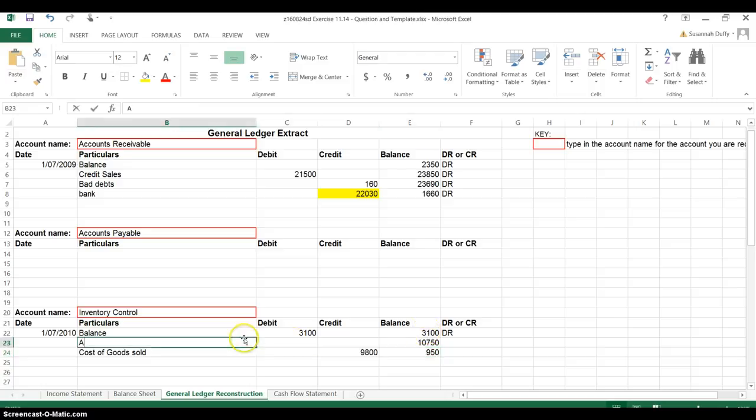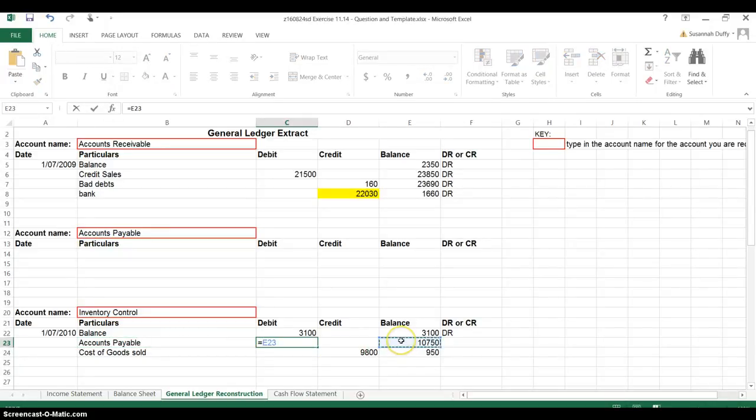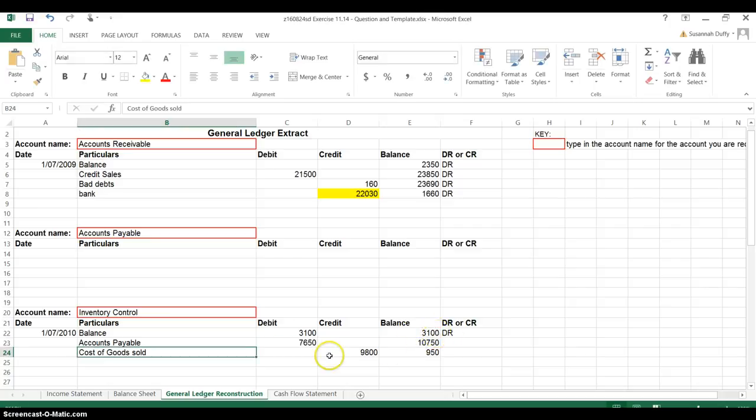So this is the amount of accounts payable. So we'll say equals the 10,000 minus the 3,100 will give us that figure. So 7,650. We'll just highlight that one and go back up to our accounts payable.